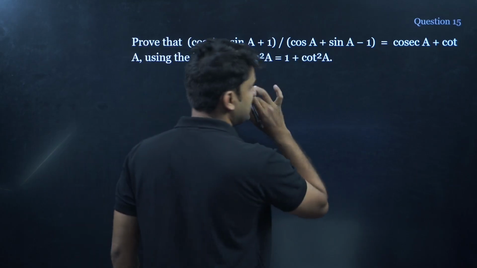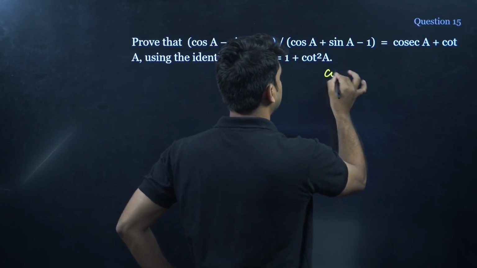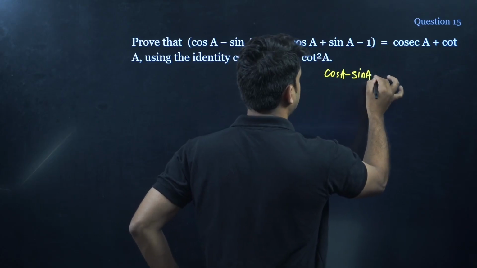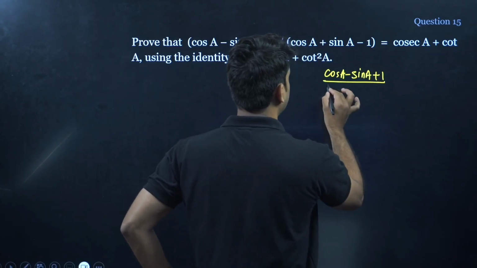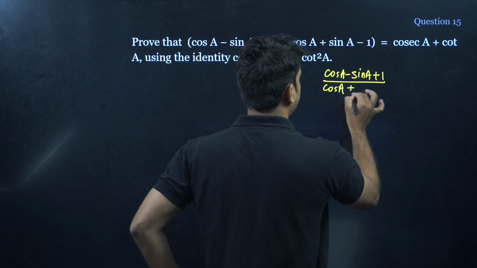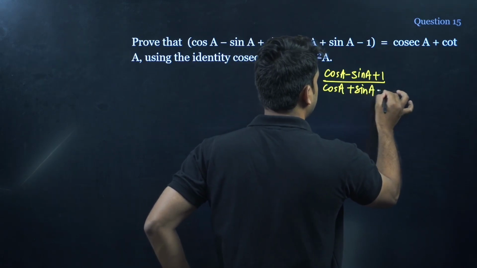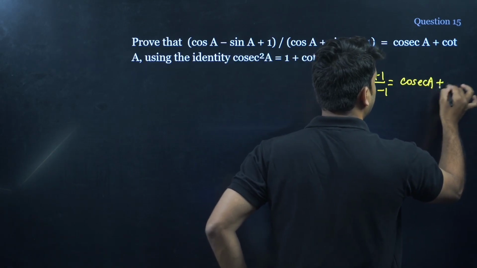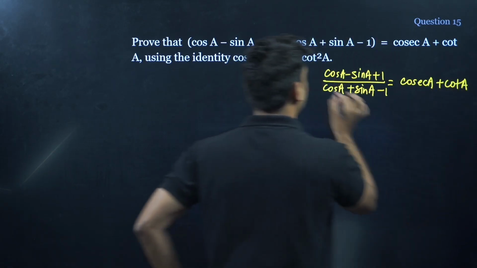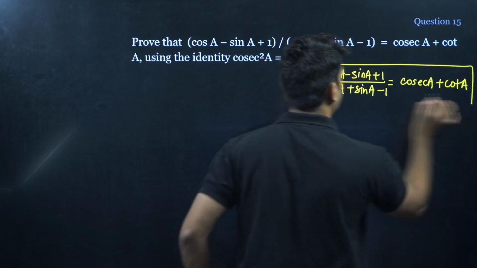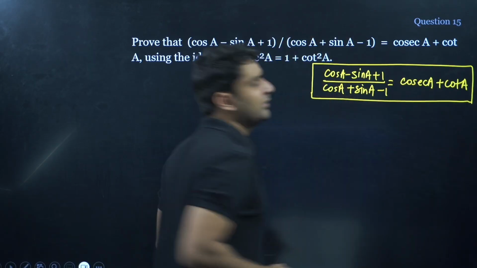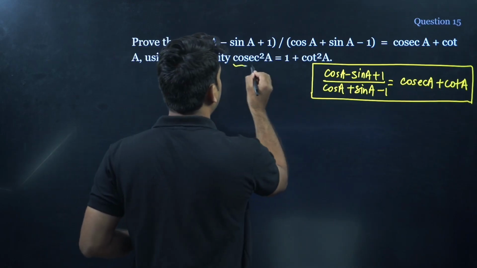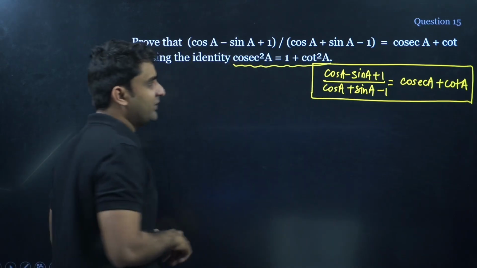So here we have the question: cos A minus sin A plus 1 divided by cos A plus sin A minus 1 is equal to cosec A plus cot A. This is the question, guys, and we have one hint. Cosec square A is equal to 1 plus cot square A.